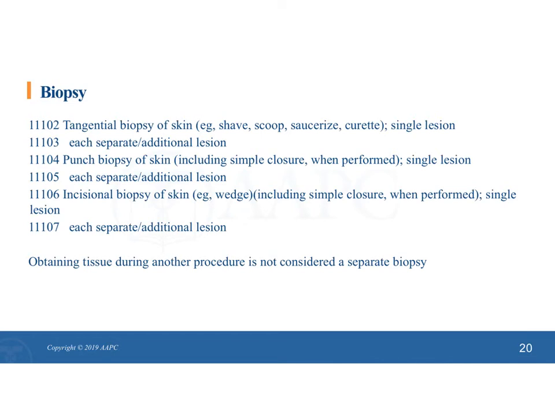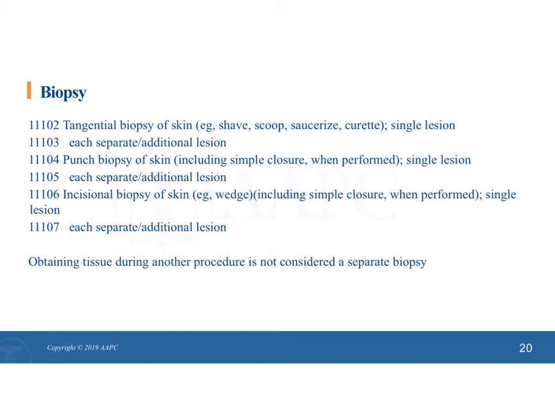Biopsy of the skin is broken out into 3 different types of biopsies. If you did a punch biopsy on 3 lesions, you would code 11104 and 11105 times 2. What's significant to remember about these codes is that they are used to report a biopsy to obtain tissue for pathologic examination and is unrelated or distinct from other procedures reported at the same time.